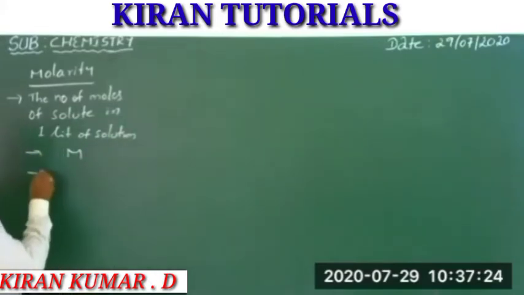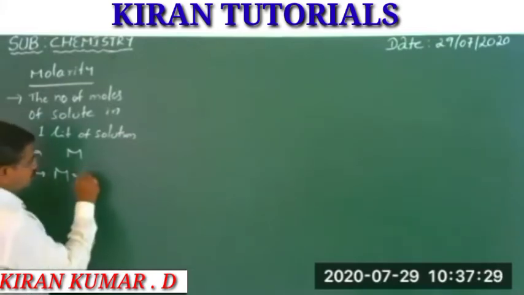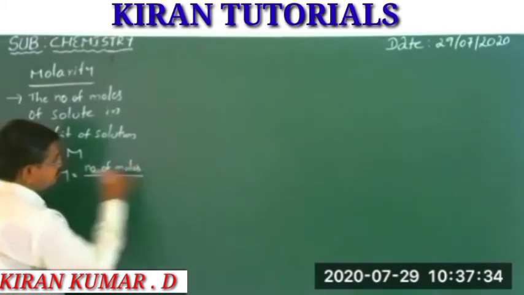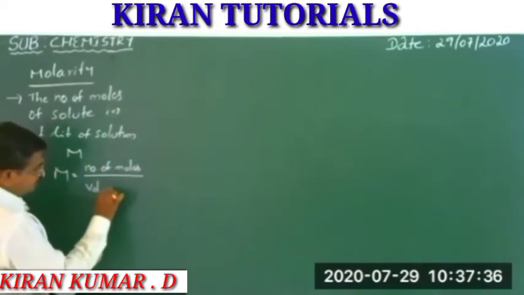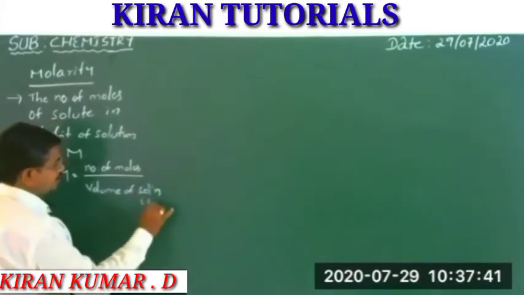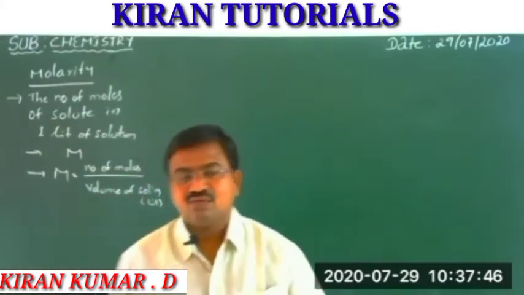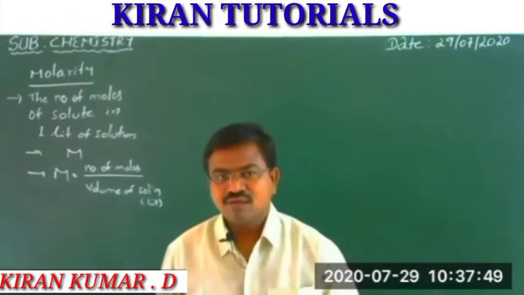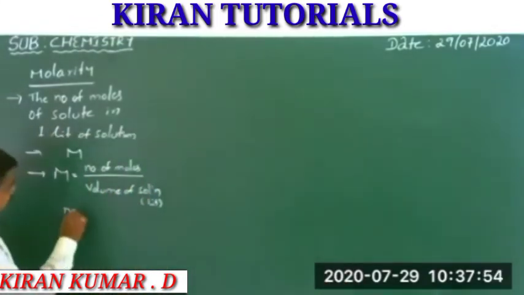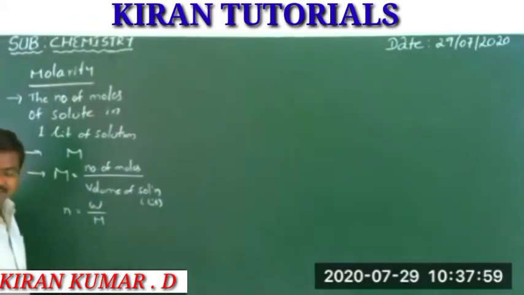Then what is the formula? Molarity is equal to number of moles by volume of solution in liters. We know that number of moles n equals weight by molecular weight.